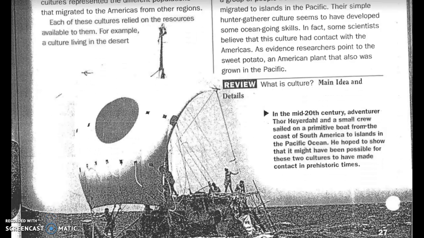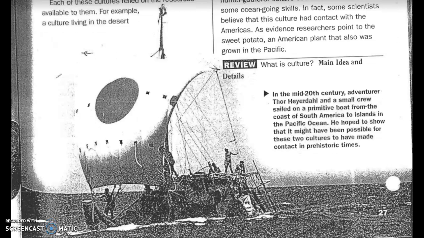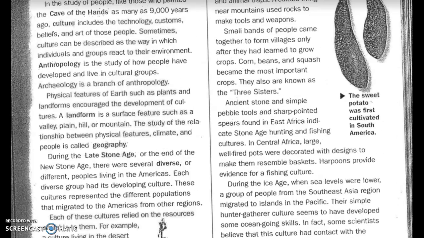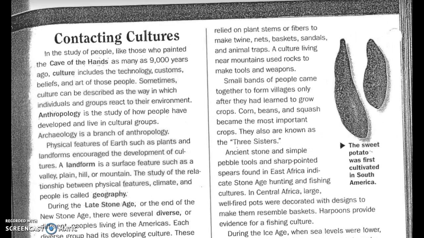Each of these cultures relied on the resources available to them. For example, a culture living in the desert relied on plant stems or fibers to make twine, nets, baskets, sandals, and animal traps.